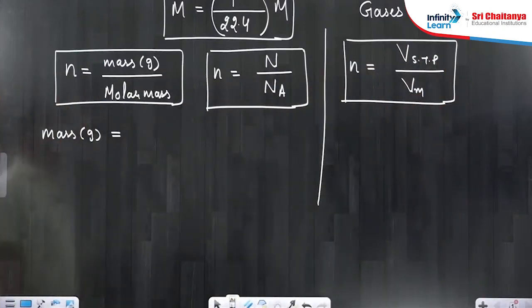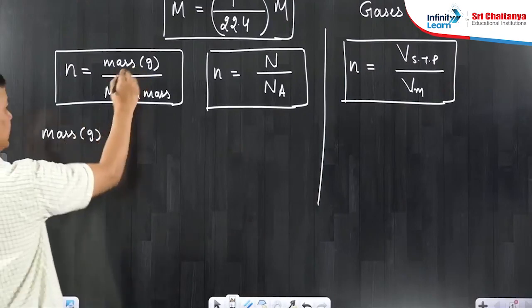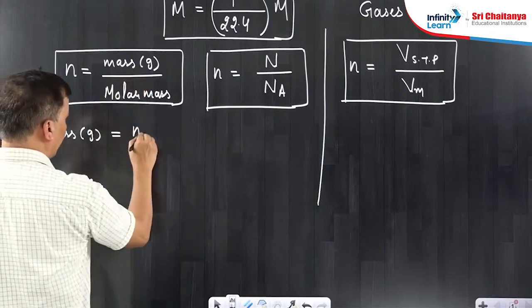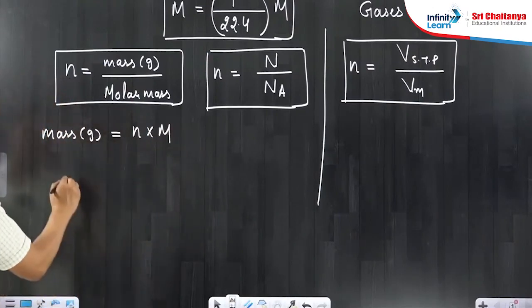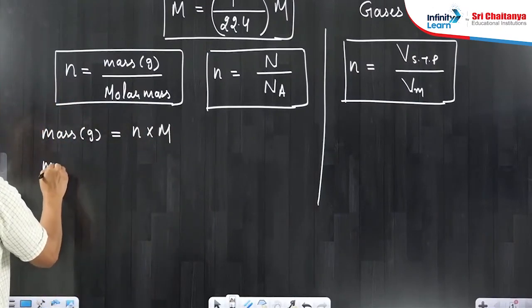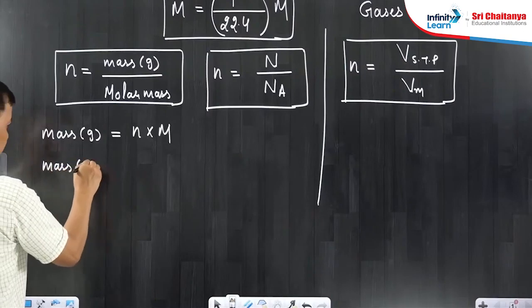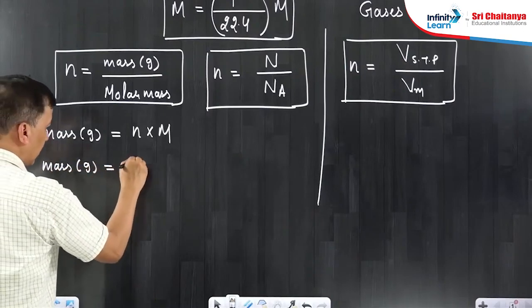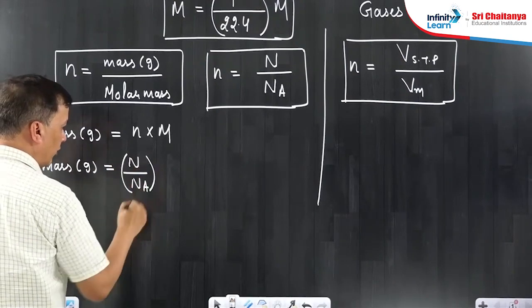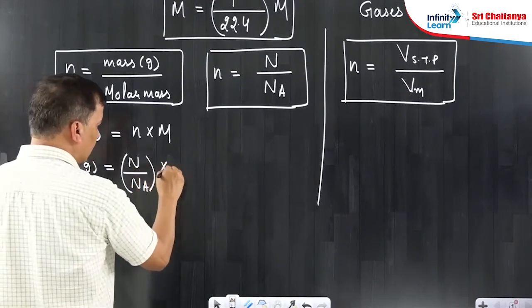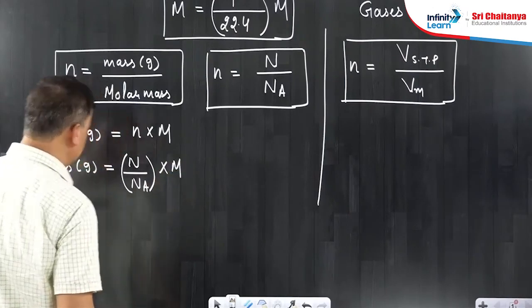We will try to solve some questions. Here I am writing mass. We can calculate number of moles into what? Molar mass. So this mass in grams, that is equal to given particles upon Avogadro's number, number of moles into what? Into molar mass.